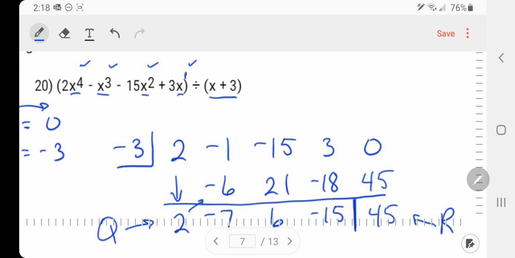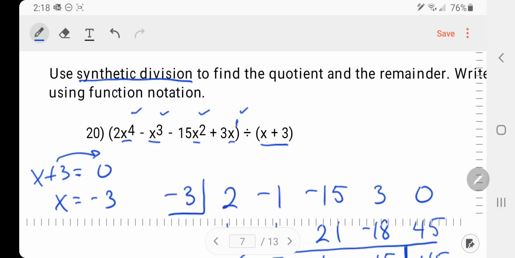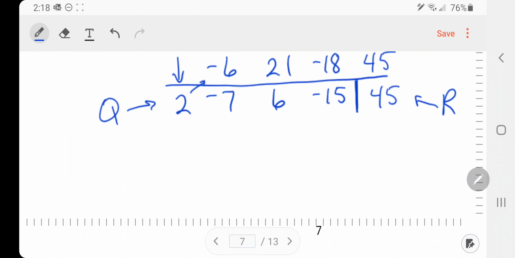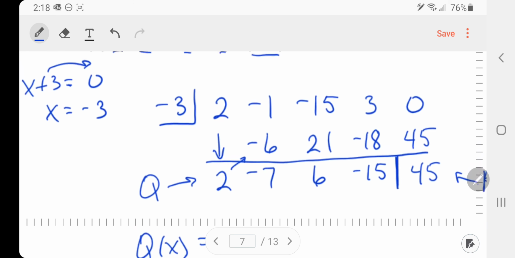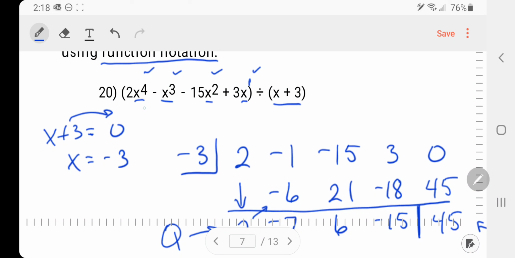And does it say to write it using function notation? Oh, it does. Using function notation. And so that means that we're going to have q of x equals. Now the 2, negative 7, 6, negative 15, those are the coefficients of a polynomial of 1 degree less than the dividend. So did you notice the dividend, the biggest power was 4.